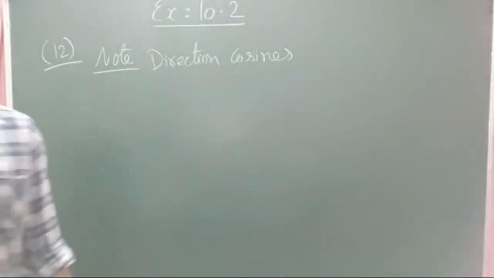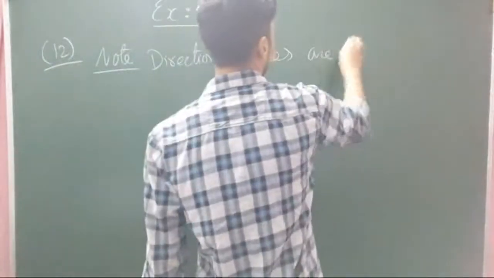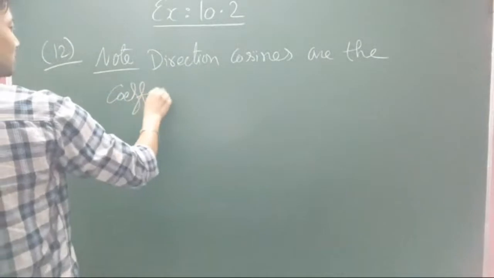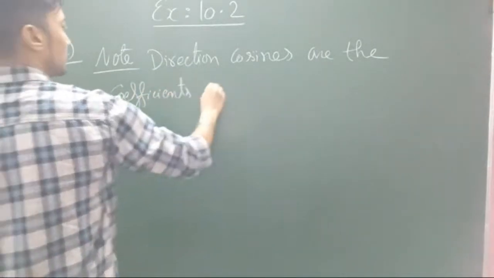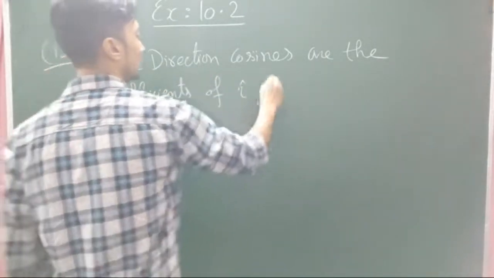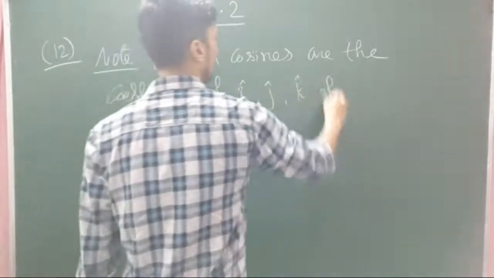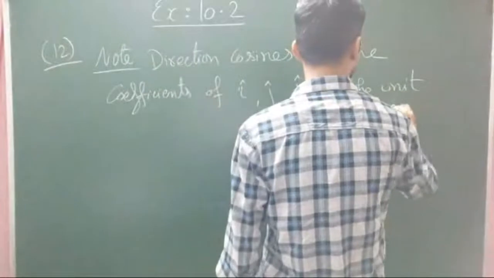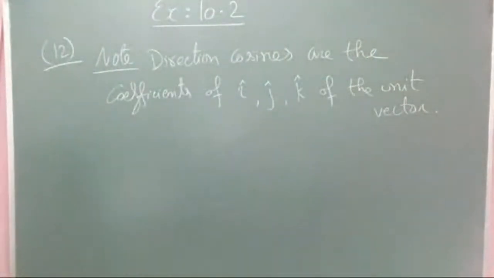Okay, so direction cosines are the coefficients of i cap, j cap, k cap of the unit vector. So this will help you directly find out the direction cosines.